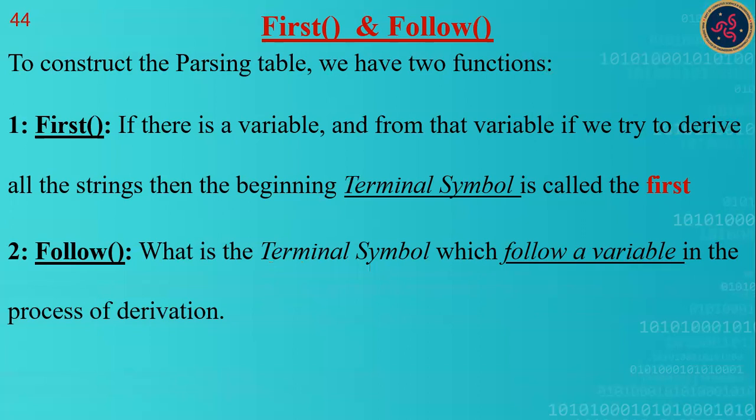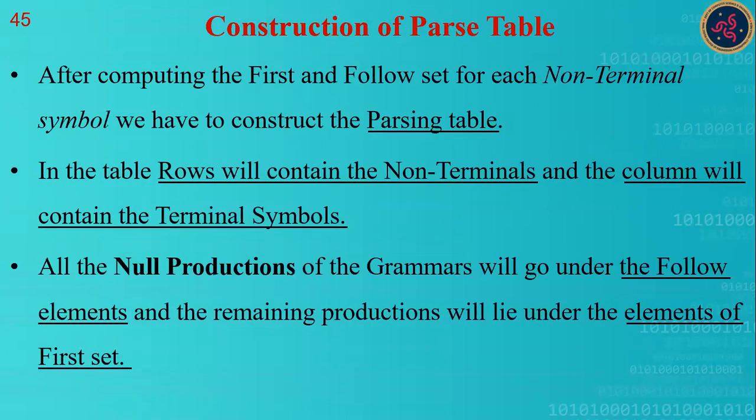So first and follow symbols are mainly used to construct the parsing table. The table will have rows and columns: the rows will contain the non-terminals in the grammar, and the columns will contain the terminal symbols.